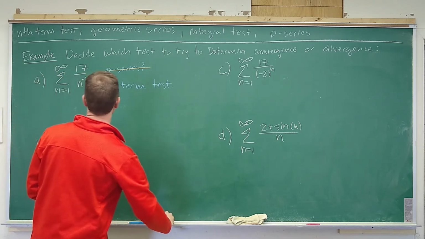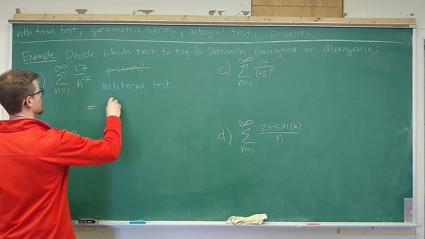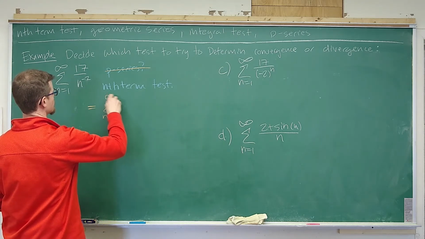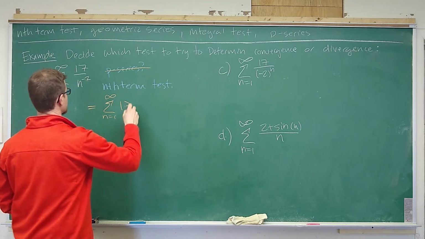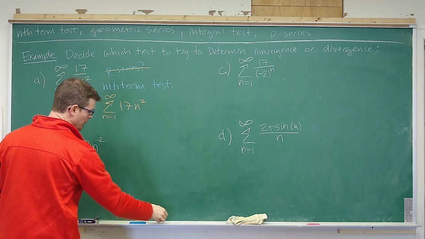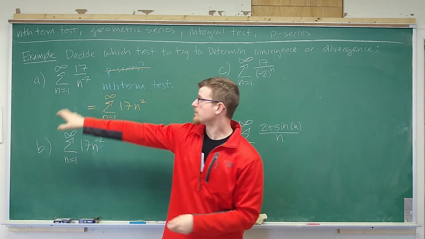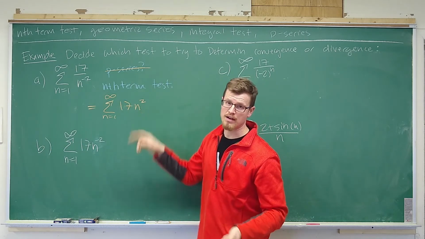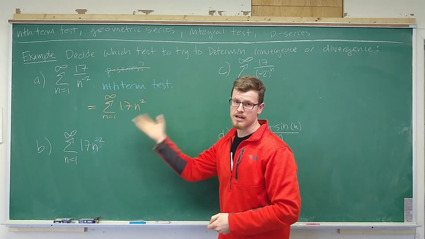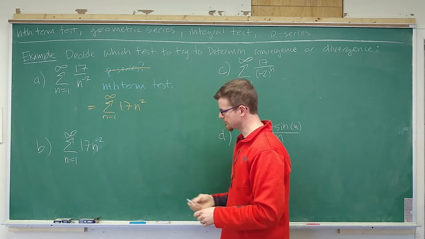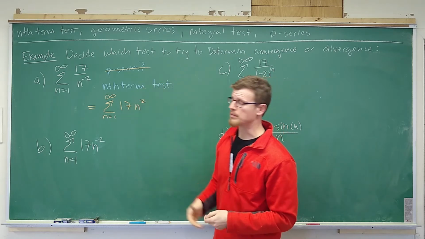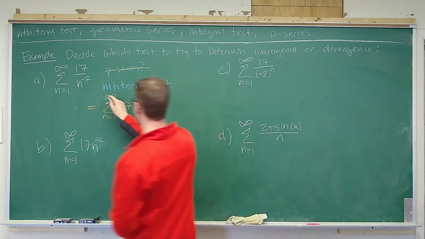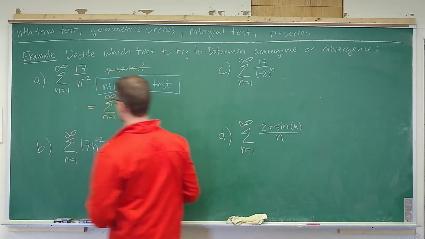But what is helpful in this case is first observing this series as the sum from n equals 1 to infinity of 17 times n to the second power. Notice that with this negative exponent in the denominator, we can rewrite it in the numerator with a positive exponent. The nth term test will tell us what we're looking for in this case, or if we were determining convergence or divergence. So this is what we want to take a look at.